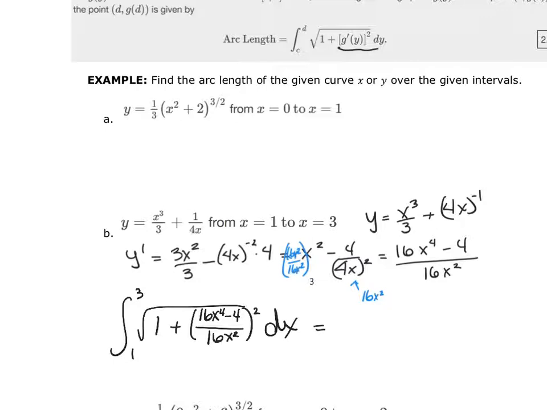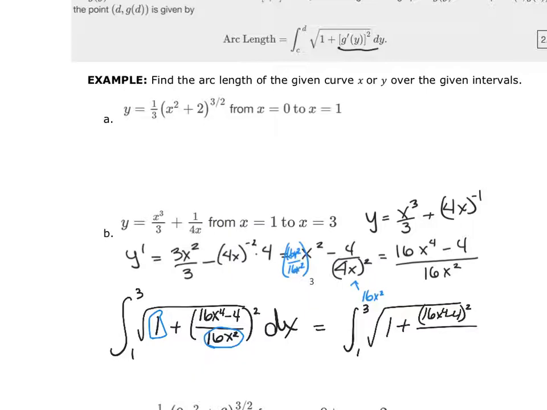And so this is going to equal the integral from 1 to 3. And what I'm going to do is go ahead and make this the same common denominator. To do that, I'm going to rewrite this as the square root of 1 plus 16x to the 4th minus 4 squared over, and then I'm going to square the 16, and I'm going to square x squared.